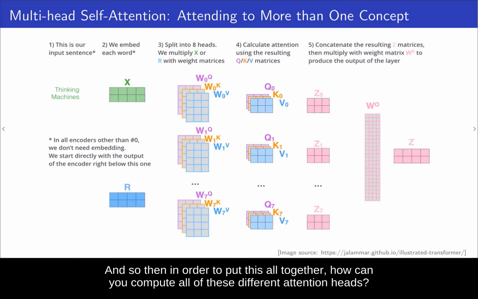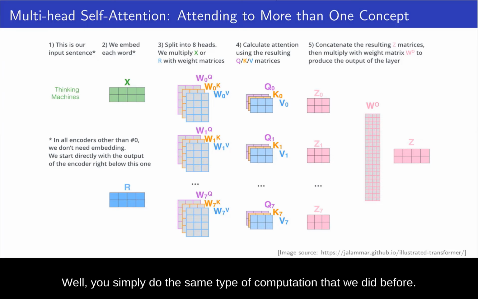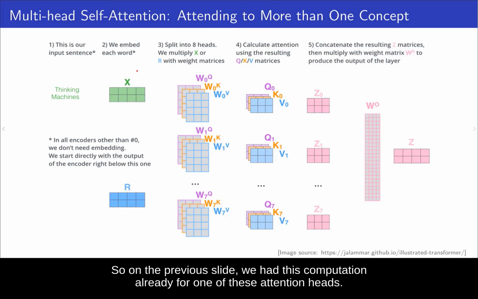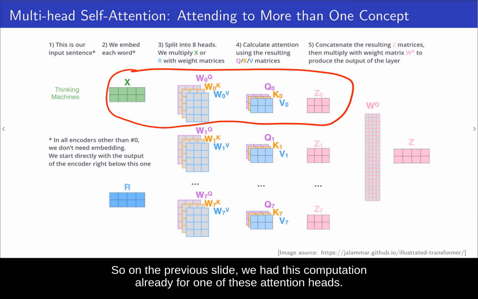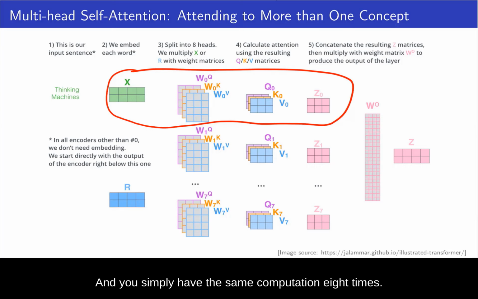And so then in order to put this all together, how can you compute all of these different attention heads and what do you do with them then? Well, you simply do the same type of computation that we did before. So on the previous slide, we had this computation already for one of these attention heads, and you simply have the same computation 8 times.